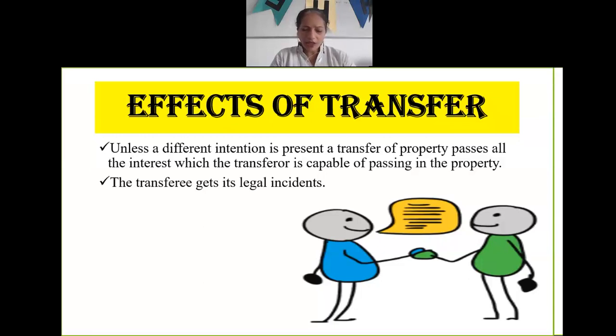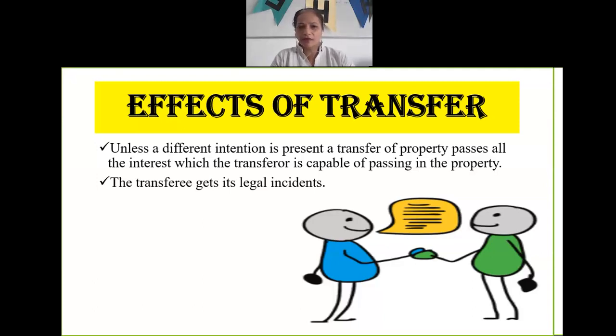Now, when we are transferring a property from one person to another person, the title relating to that property, the benefit relating to that property, the rent or other profits arising out of that property get conveyed from one person to another person.